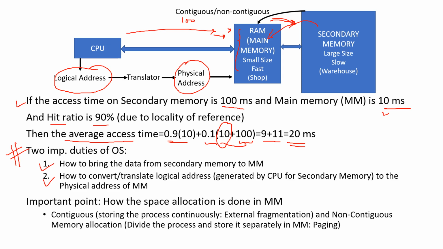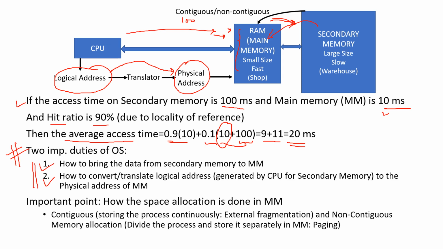So CPU has to translate this logical address to physical address. That is the second important duty of operating system. So these are the two things which are very important, that we are going to see in detail later on.